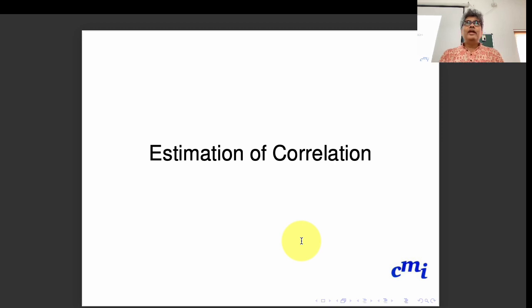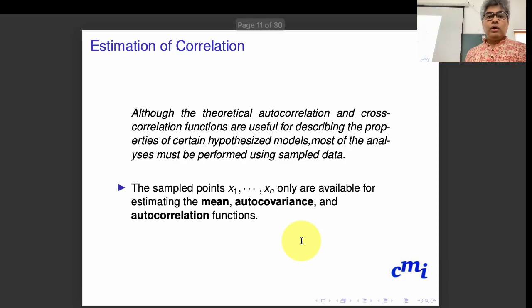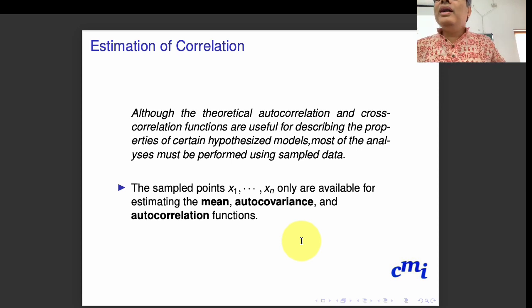Now we have introduced all the theoretical concepts of autocovariance, cross covariance, autocorrelation and cross correlation, but theory is not enough. At the end of the day we have to estimate these functions, these parameters. Theoretically it all sounds good, but at the end of the day I have only one time series to calculate the autocovariance function.